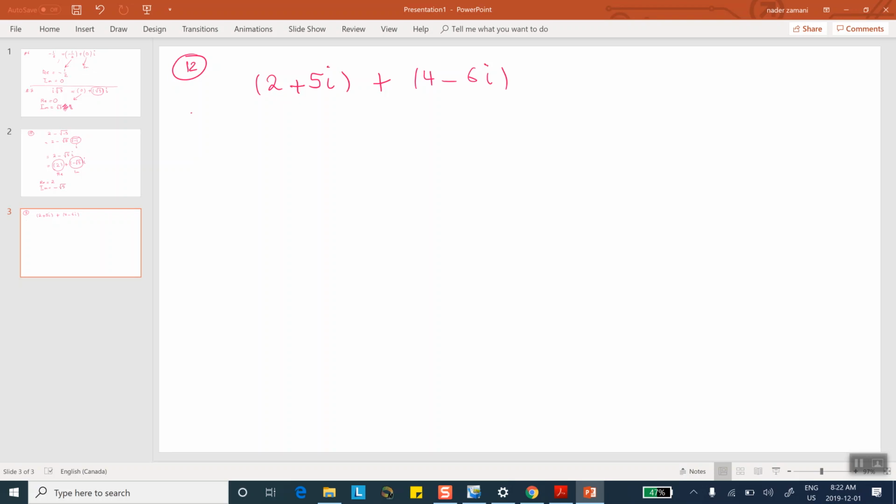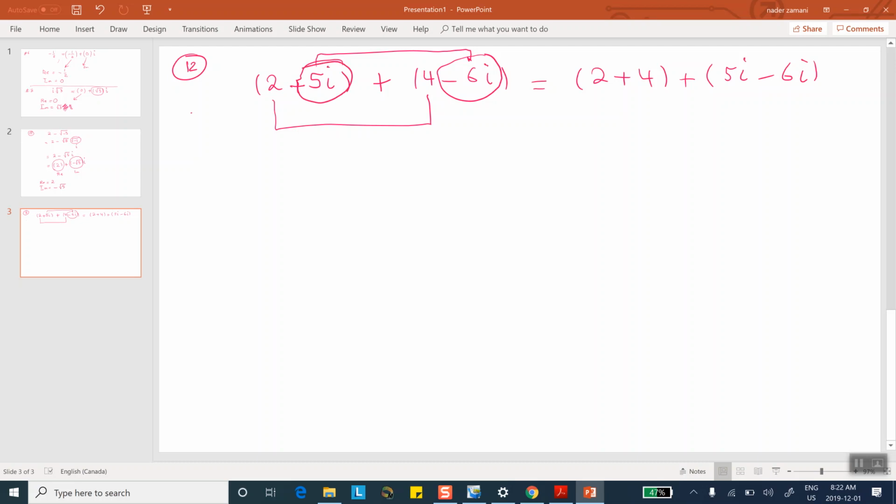Now we know how this thing works. You add the real parts together and you add the imaginary parts together. Okay. In other words, if you want, you can think about this thing as 2 plus 4. This is adding the real parts together. And then 5i minus 6i, because these are the imaginary.